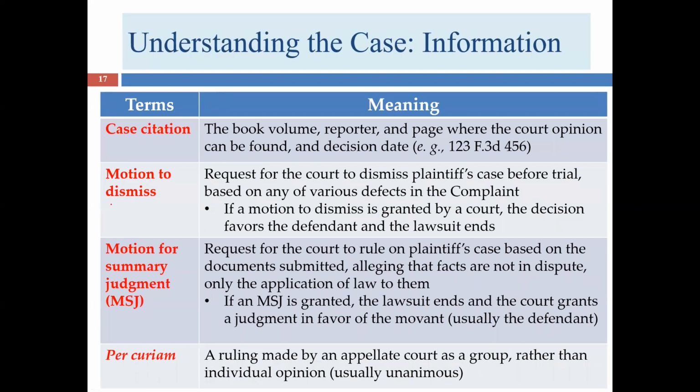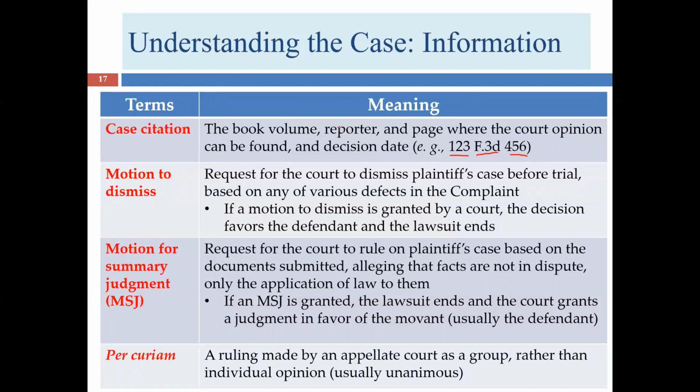A case citation is the volume number first, the reporter, and then the page number where the case begins. It is basically a system to let the reader know where to find this particular case. We have abbreviations for reporters.